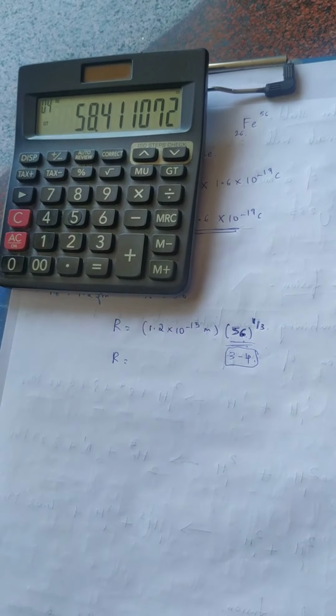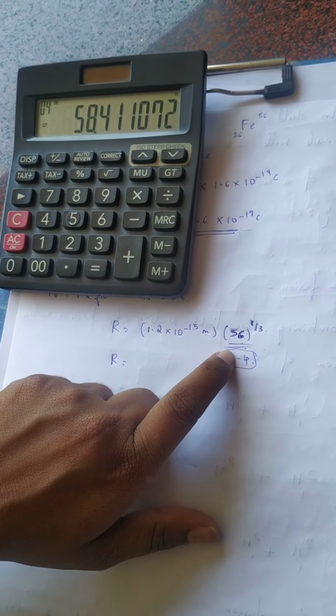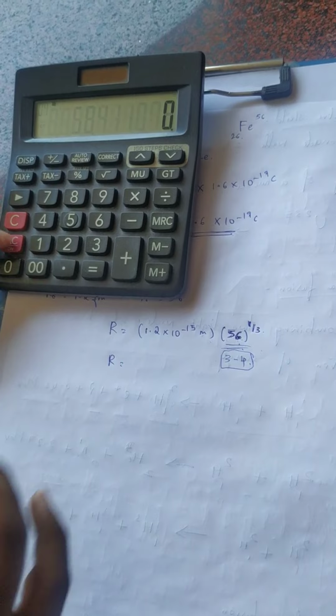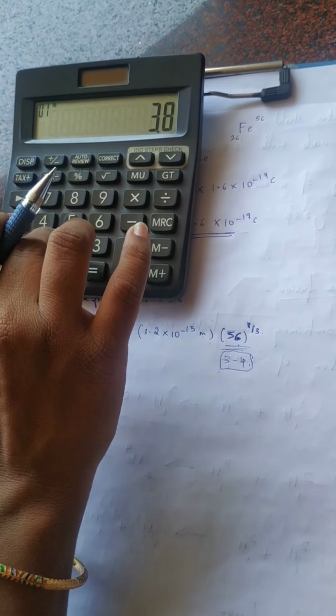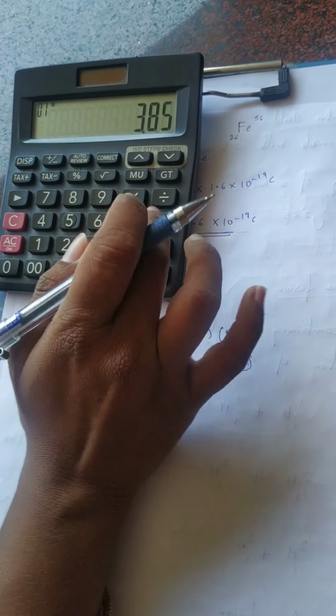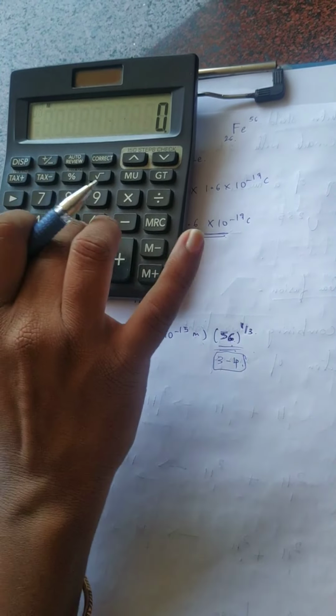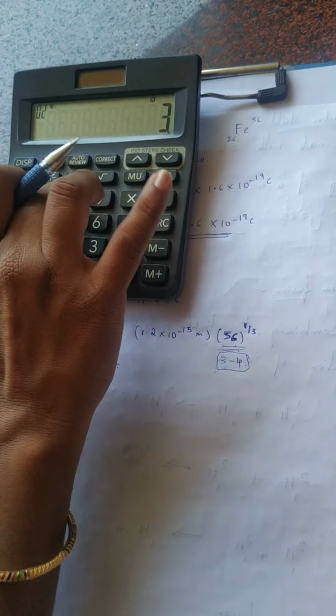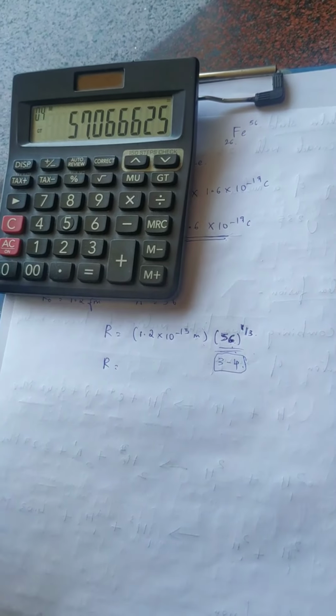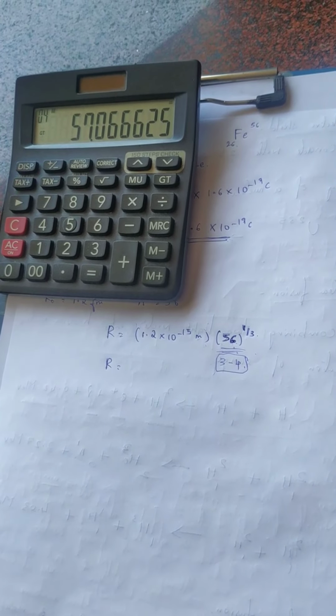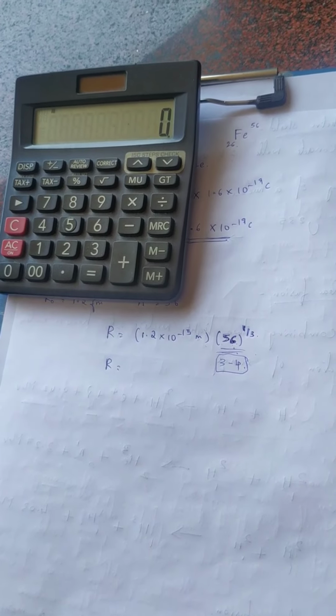We got 58, which is more, which is not 56. We need less. So if you try 3.85 into 3.85 into 3.85, we get 57, but we need 56. So 3.85 is also more.